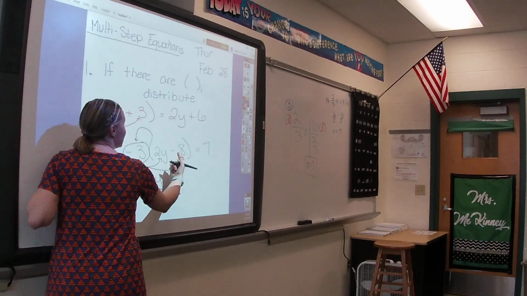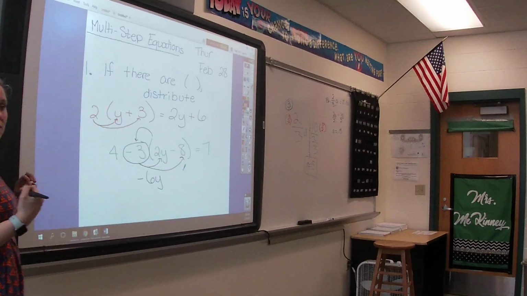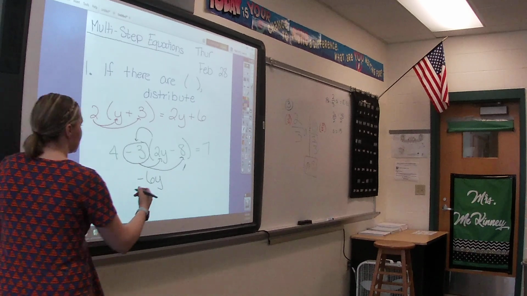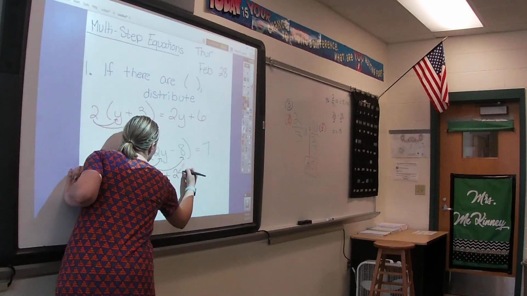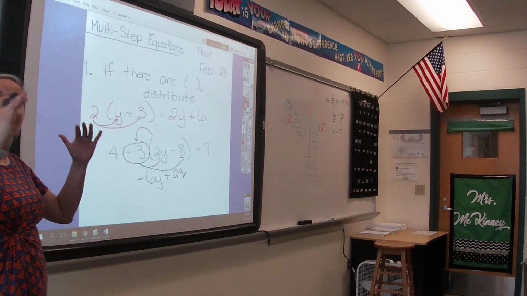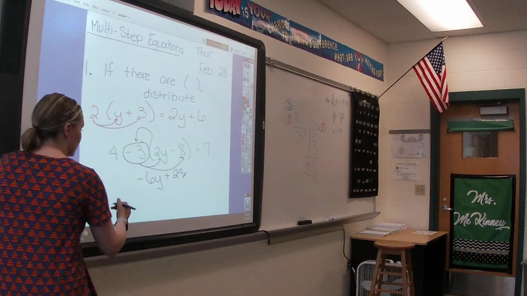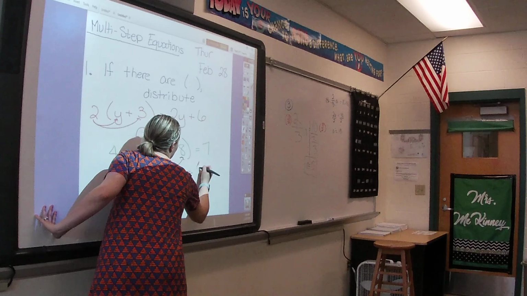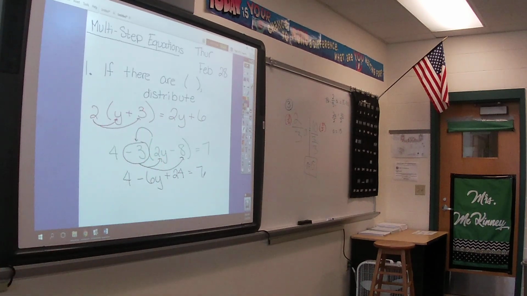Negative 3 times negative 8 gives us what? Positive 24. The rest of the stuff stays untouched and just comes straight down. And we'll talk more about solving it from there, but for right now.